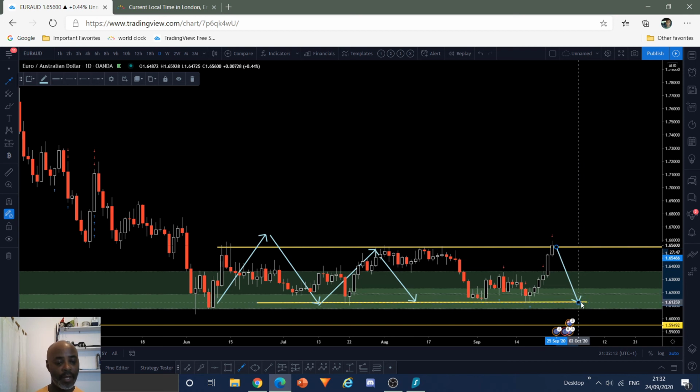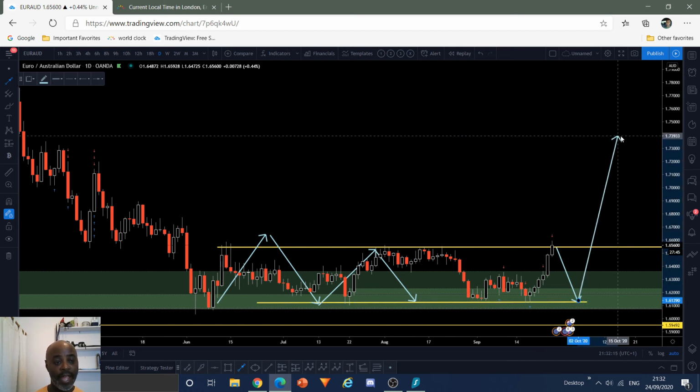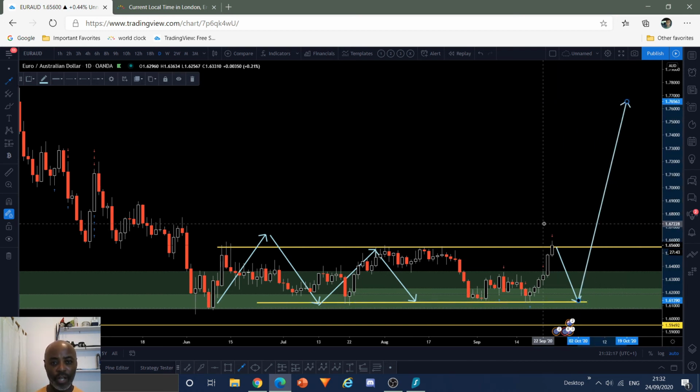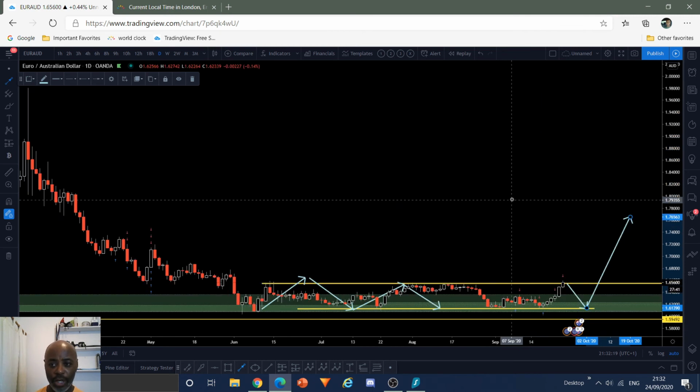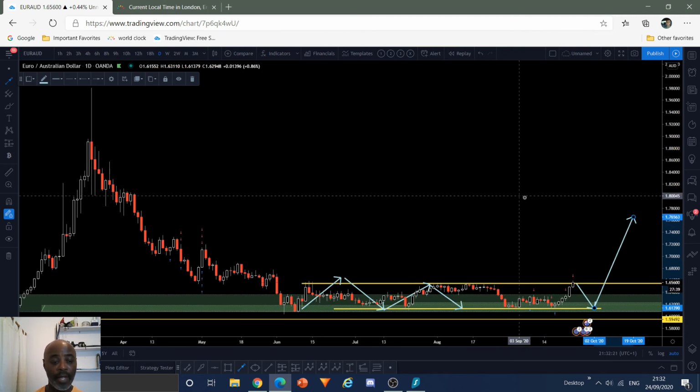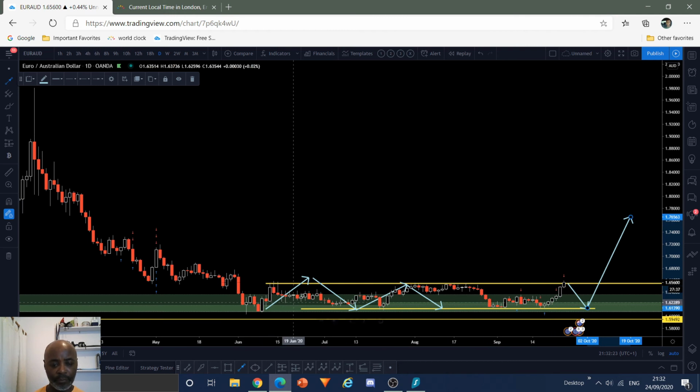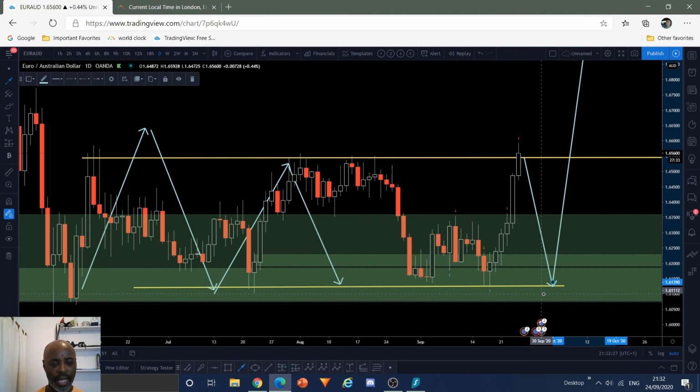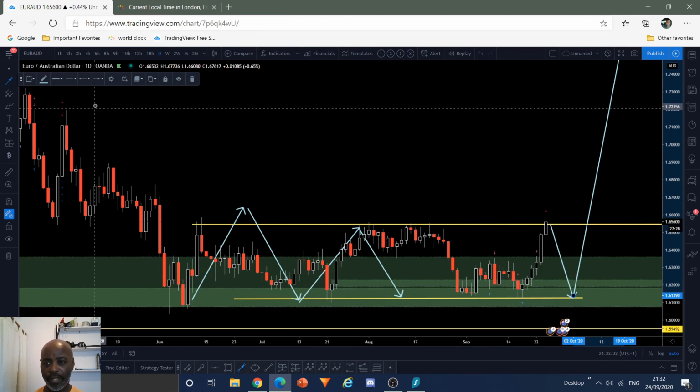And from there, I believe this pair could then go longer, because remember, I am bullish the Euro dollar. However, I've just got to do some more analysis here, because there's a couple of things I'm looking at, and the only thing that's going to decide is the fundamentals.